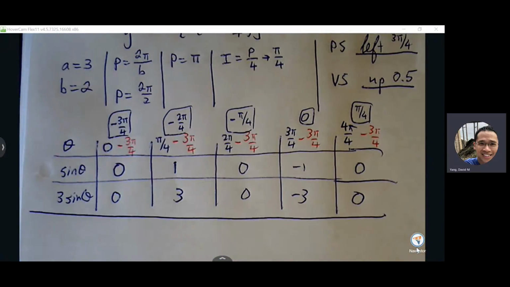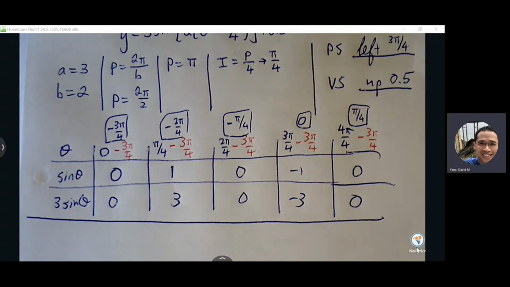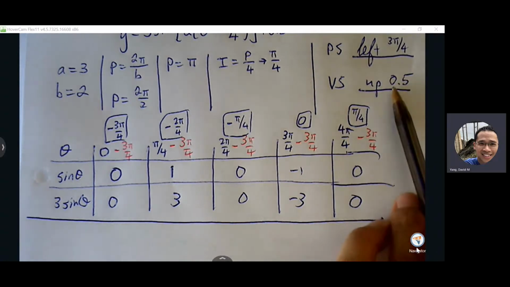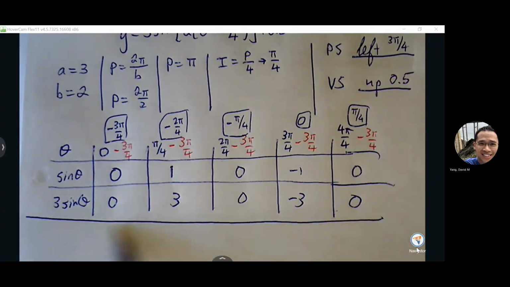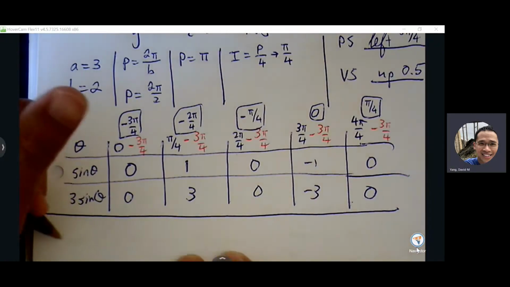We're almost there. One last thing we need to do, we got to take care of the what? Vertical shift. So what we're going to do with all these numbers here? Yep, add 0.5.